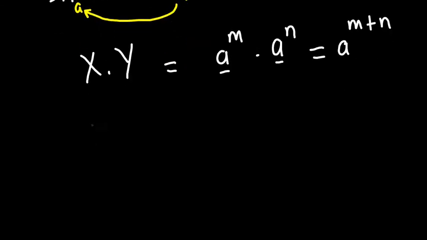So now we have x times y, which is a to the power m plus n.